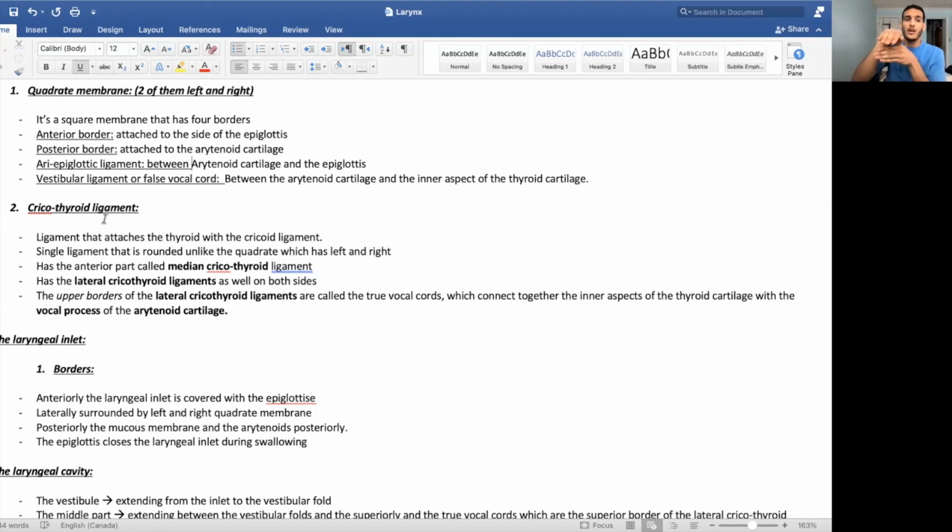When the thyroid moves in relation to the arytenoid cartilage, it extends or relaxes the true vocal cords, and that causes the voice change. That's why it's really important to know that the inferior parts of the quadrate membranes, mainly the vestibular ligaments, are the false vocal cords, and the superior part of the cricothyroid ligaments are the true vocal cords, Rima glottis.